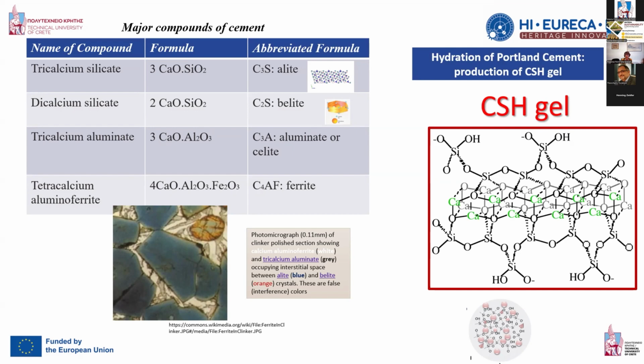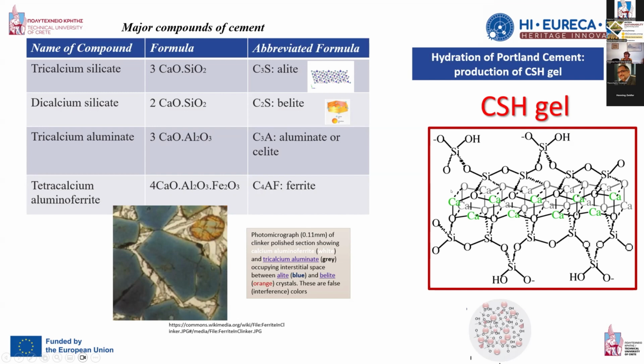But what is very important to understand is that after the hydration of the Portland cement and the formation of this calcium silicate hydrated gel, we have a complex structure in which there are the main bonds of silicon with oxygen and the calcium atoms that are interposed within this structure.